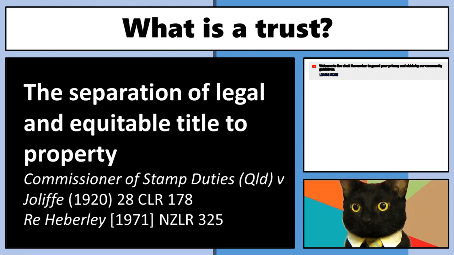Now, you may have heard this maxim in equity, that equity looks to the substance rather than the form. And the courts there said that, look, fundamentally, Mr. Jolliffe here is not really wanting to give this money to his wife. He's really wanting to set it up so that it's some sort of trust structure, but he's just doing it this way in order to defeat the state banking legislation.